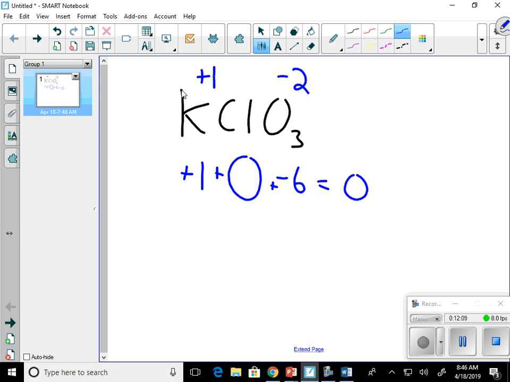So this is a little bit of math, I suppose. So what must chlorine be in order to get this to balance out? +5.